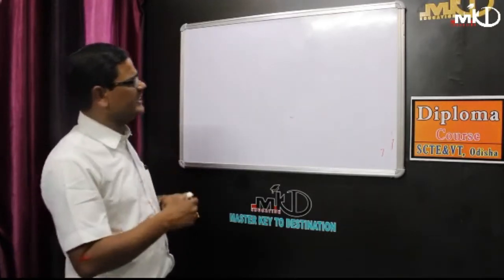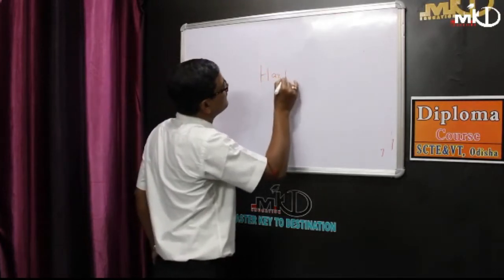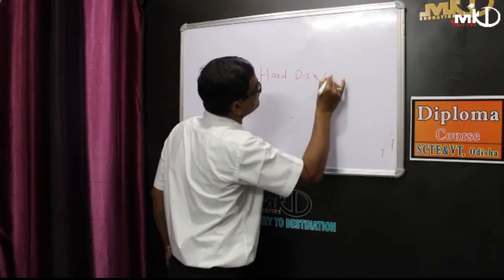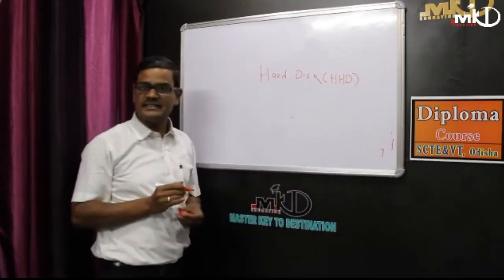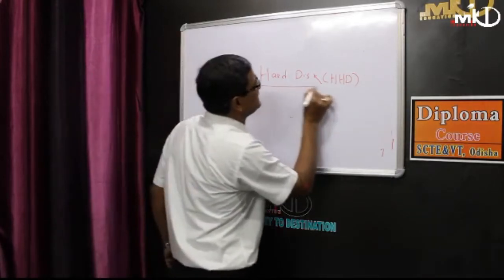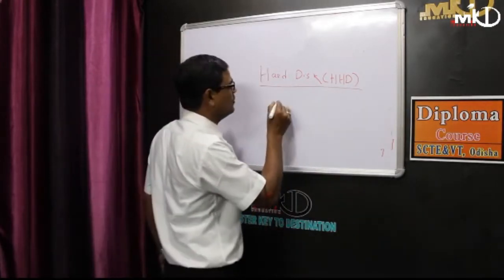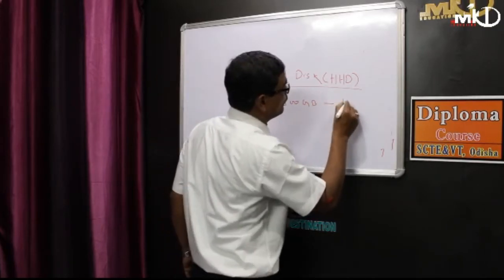Every computer uses a hard disk. The capacity of a hard disk is now 500 GB to 4 TB.